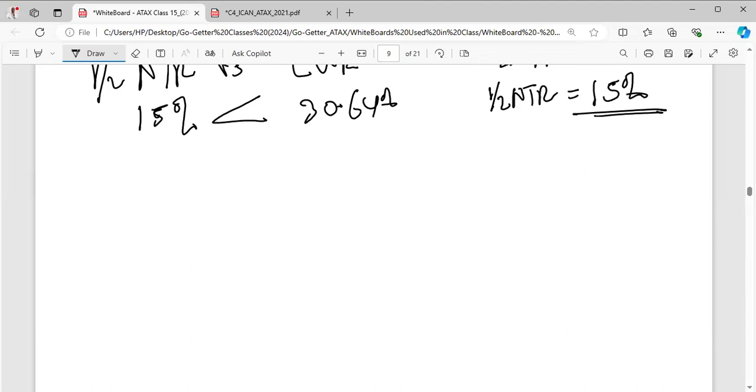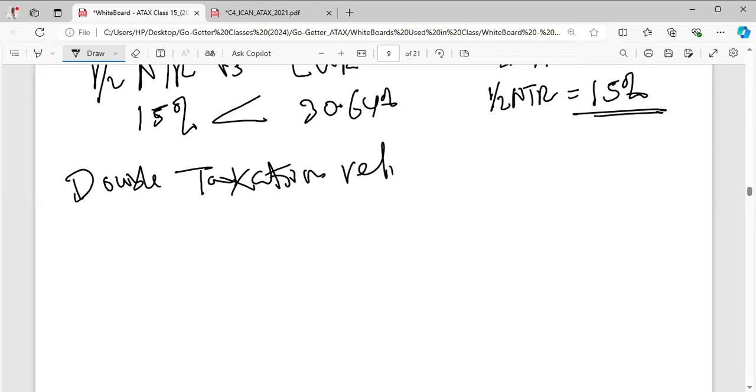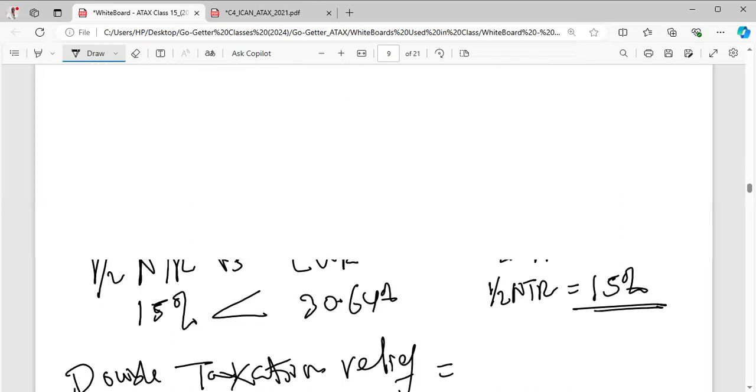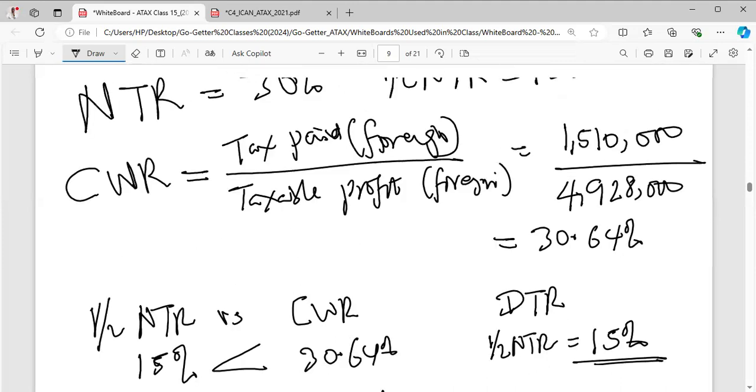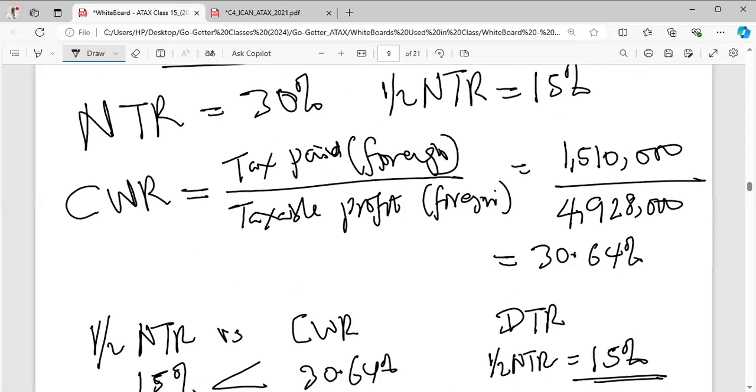So double taxation relief will be 15% of your taxable profits.